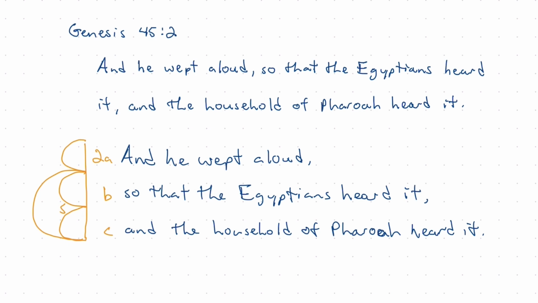So then we have an action here, and a result, and we label that under one arc. And we'll remember that we have an action and result relationship here in Genesis 45:2, and this is an example of how to arc the action and result relationship.